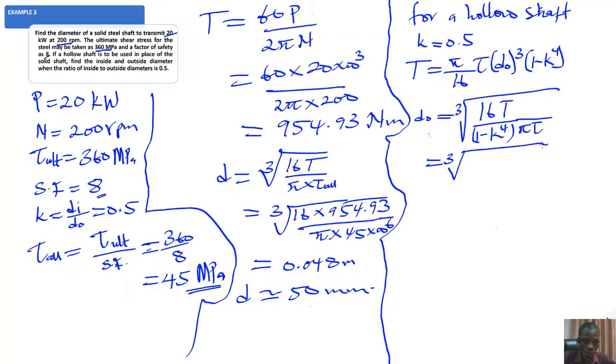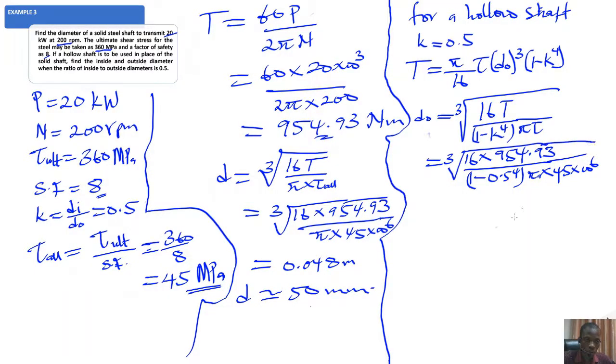Then we put in the values for this, and that will give us the cubic root of 16 times the torque. We've calculated the torque already, so we have the torque to be 954.93 divided by 1 minus 0.5 exponent 4 times pi times tau, and tau is 45 megapascals times 10 exponent 6.